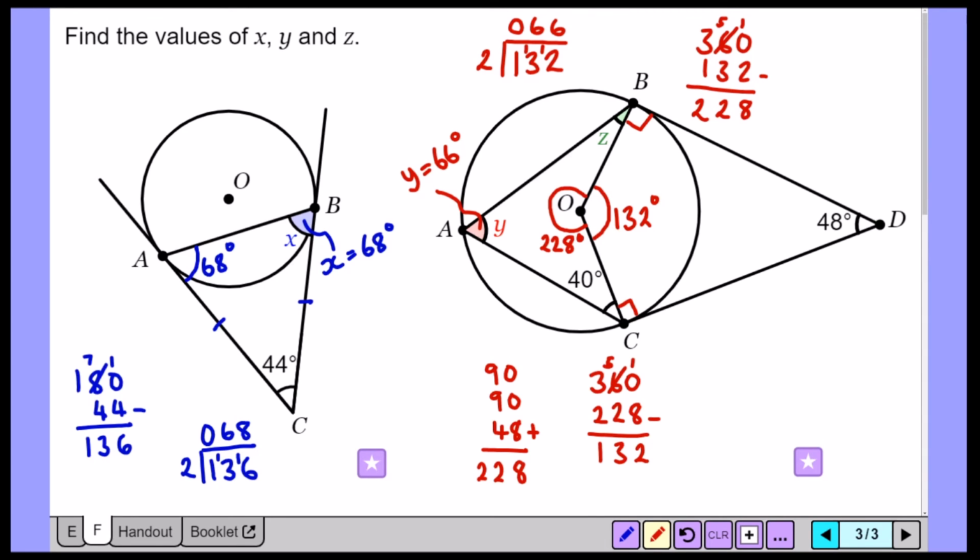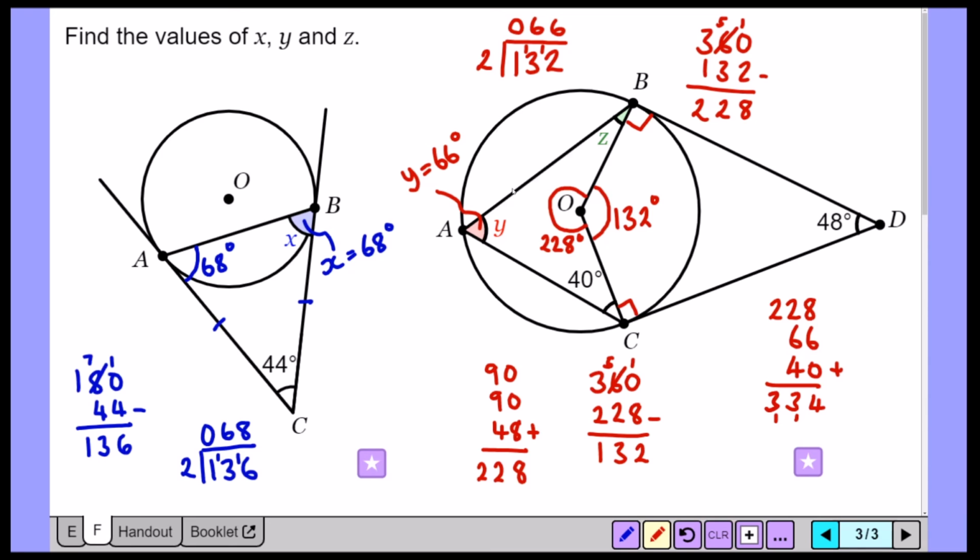I therefore know that the three angles that I'm given inside my quadrilateral are 228, 66, which is y, that's what we've just worked out, and the 40 degrees down the bottom just here. So I'm going to add all of them together. 8 and 6 with 0 gives me 14, 2, 6 and 4 with the 1 that I've carried over gives me 13, 2 and 1 carried over gives me 3.